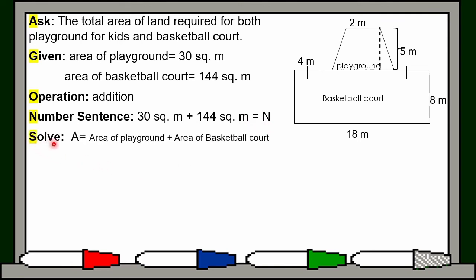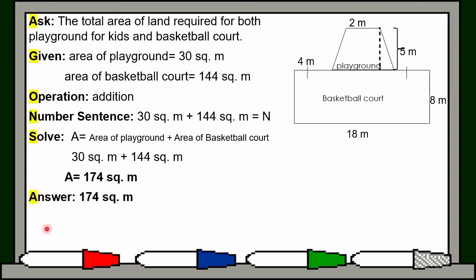Letter S, solve our formula. Area is equals to area of the playground plus area of our basketball court. So we have 30 square meters plus 144 square meters is equals to 174 square meters. So our answer is 174 square meters.